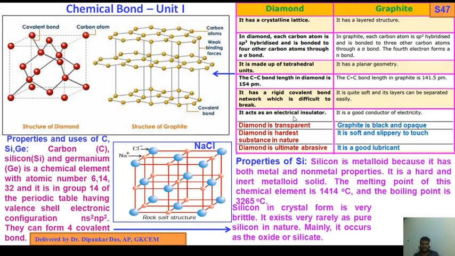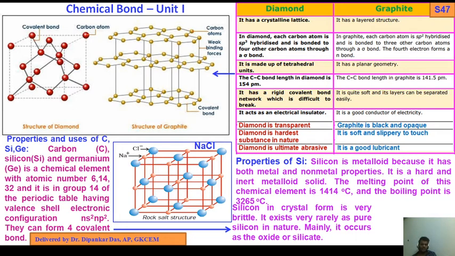Diamond acts as an electrical insulator, while graphite is a good conductor of electricity due to the presence of free electrons. Diamond is transparent. Graphite is black and opaque. Diamond is the hardest substance in nature. Graphite is soft and slippery to touch. Diamond is the ultimate abrasive, while graphite is a good lubricant.